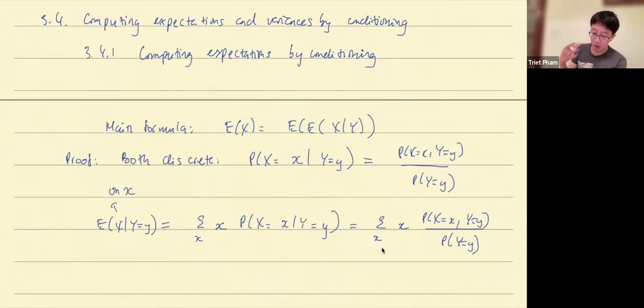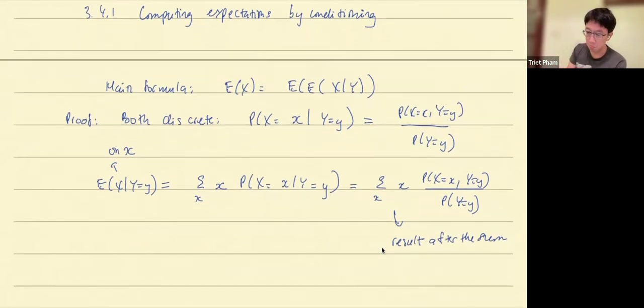But notice, when you take this expectation, you sum over the x. But what is the result? The result after the sum, right? You're supposed to compute the sum in the background, let's say. But after you compute the sum, what happens?